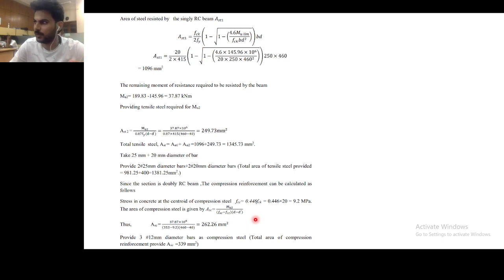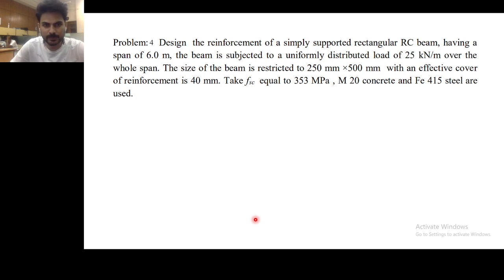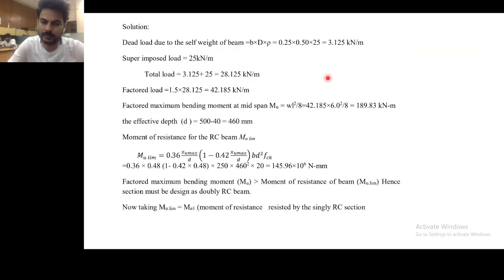Here the depth and width are provided because of constraints, but sometimes we have to calculate those also. For that there are formulas in IS 456: the depth should be in the range of span by 10 to 12, and there are ways to calculate the depth and then the width.